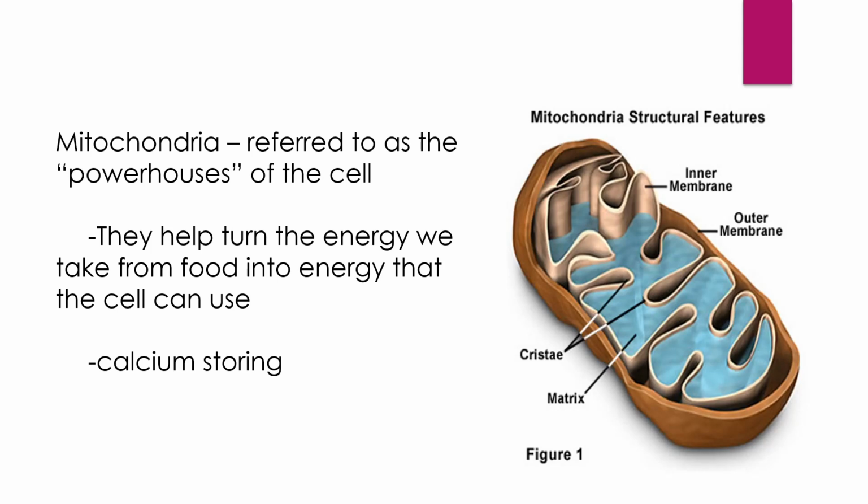Mitochondria, referred to as the powerhouses of the cell, help turn the energy we take from food into energy that the cell can use. Calcium and also a calcium storing.